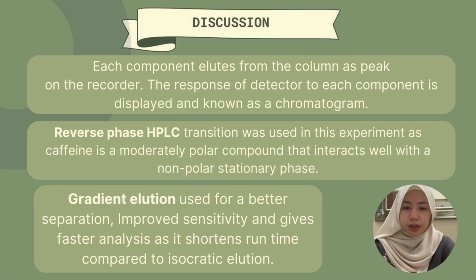It is also used in this experiment as caffeine is a moderately polar compound that interacts well with the non-polar stationary phase, while gradient elution is used for a better separation as it ensures caffeine is well resolved from other substances, improves sensitivity by reducing background noise from interfering compounds, and gives faster analysis as it shortens runtime compared to isocratic elution, where all compounds elute at a constant solvent composition.